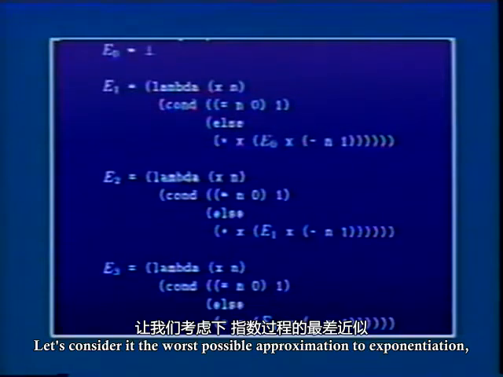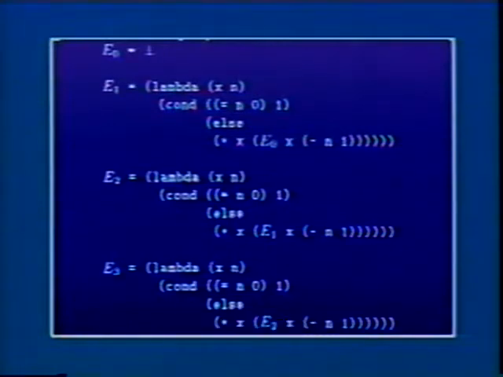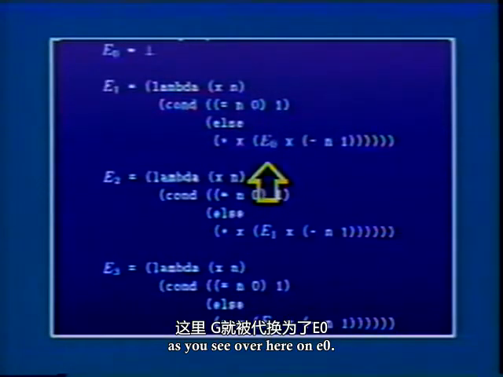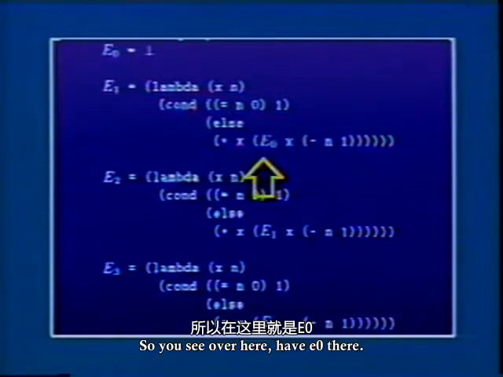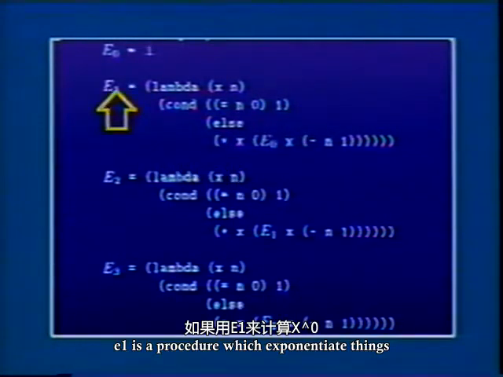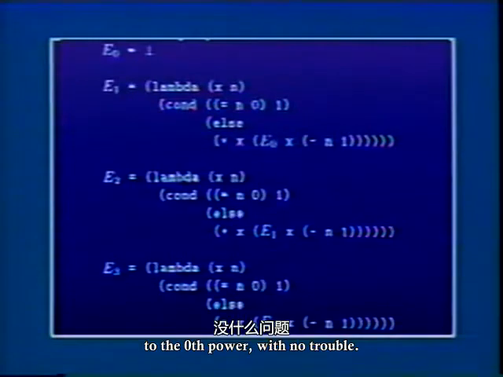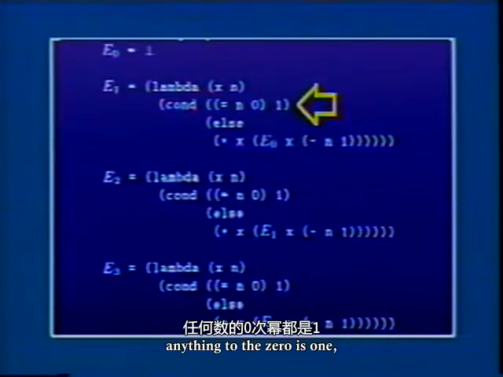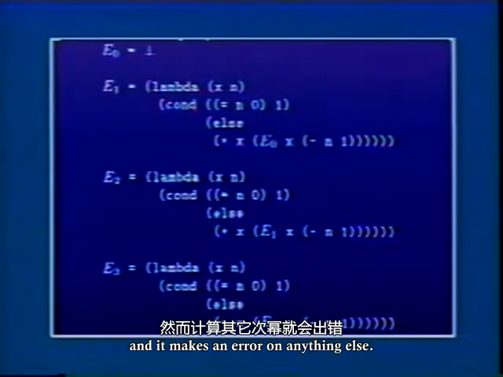Let's consider it the worst possible approximation to exponentiation, because it does nothing. Well, supposing I substitute E0 for g by calling f, as you see over here on E0. Then what's E1? E1 is a procedure which will exponentiate things to the 0th power with no trouble. It gets the right answer. Anything to the 0 is 1, and it makes an error on anything else.